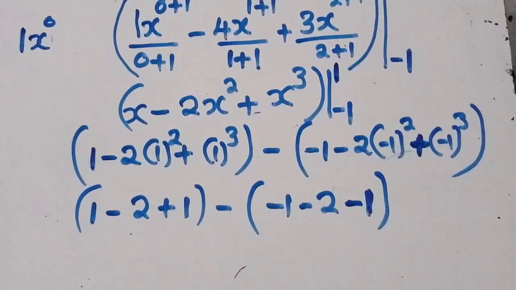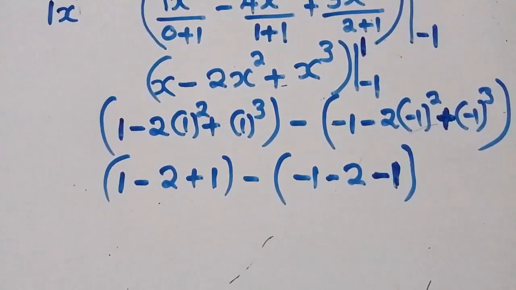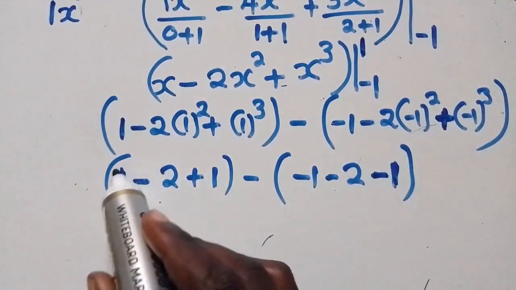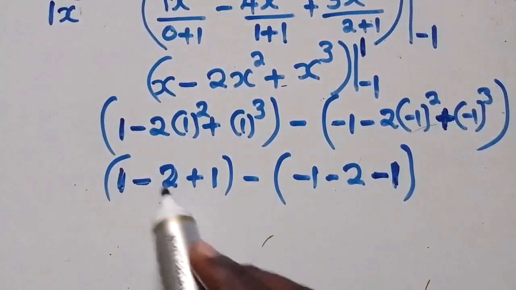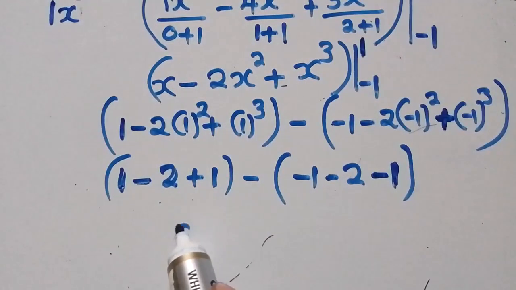With such, you continue and say, here, what is 1 minus 2? It's negative 1. Negative 1 plus 1 is 0. So here we just get a 0.